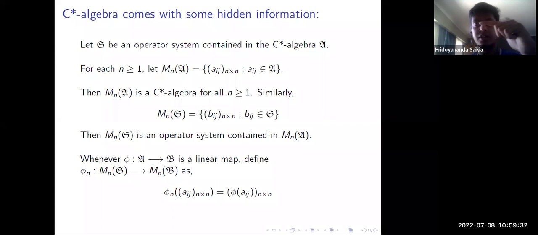Now the question is, can we lift this map to each level? The answer is yes, and this can be lifted to each level very naturally. What is the definition then?